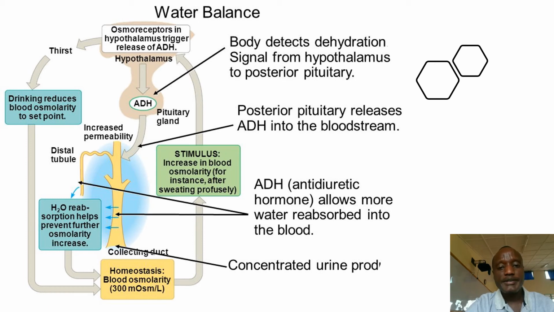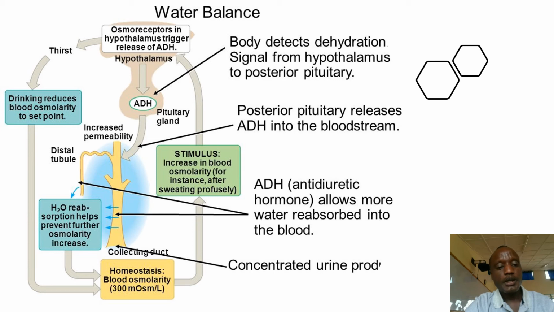Once the ADH is in the bloodstream, it has to be transported to the kidney tubes. Now we have two tubes: the distal convoluted tubule and the collecting duct. What ADH does is to increase the amount of water reabsorption in these two tubules.